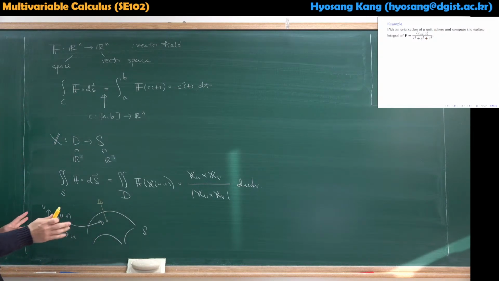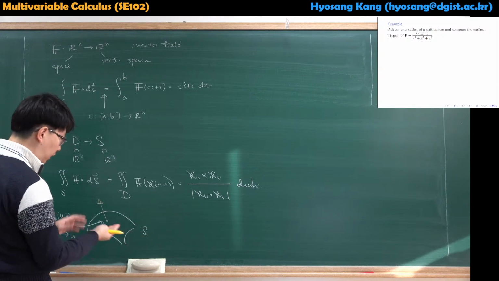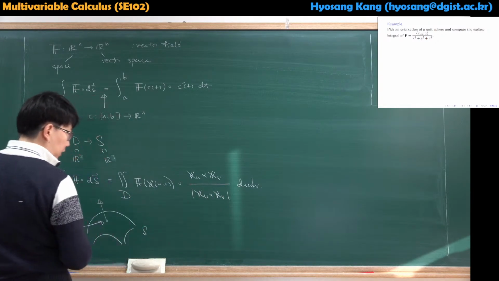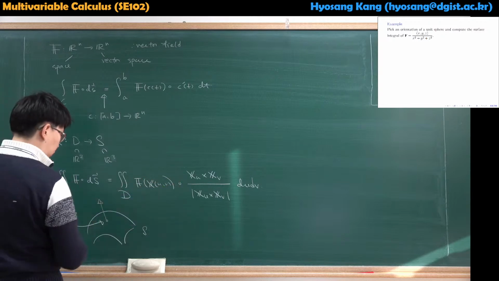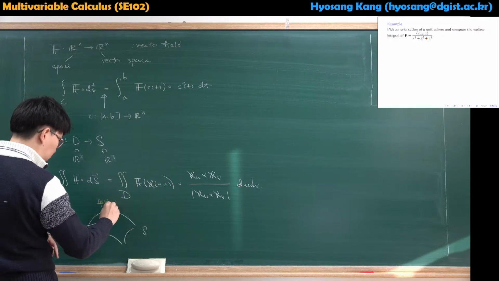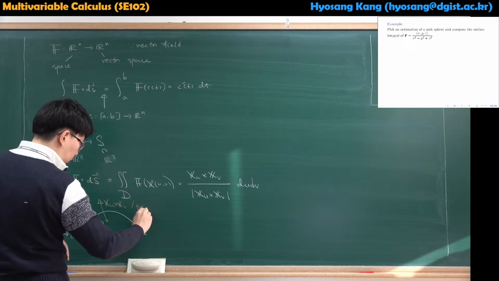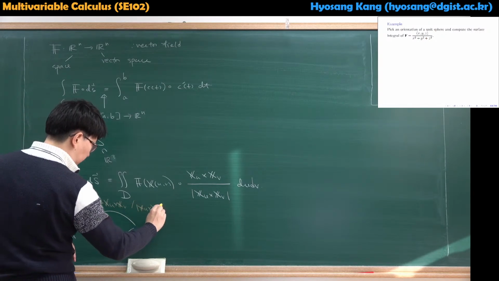And this normal direction is perpendicular to the surface and also has a size 1. So we divide it by the length of the cross product here. So this is xu cross xv divided by the length of xu cross xv.